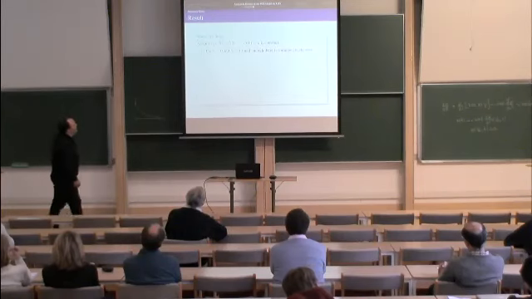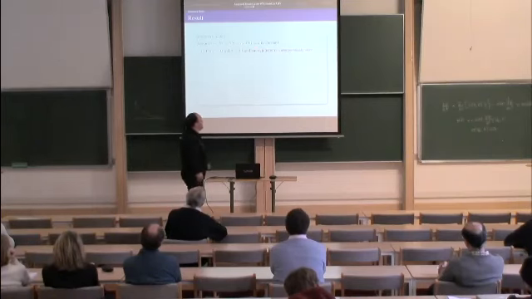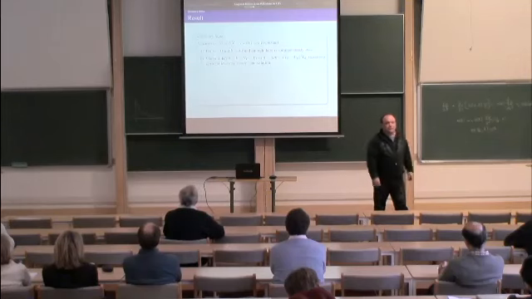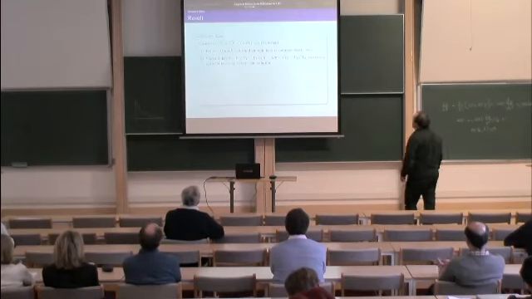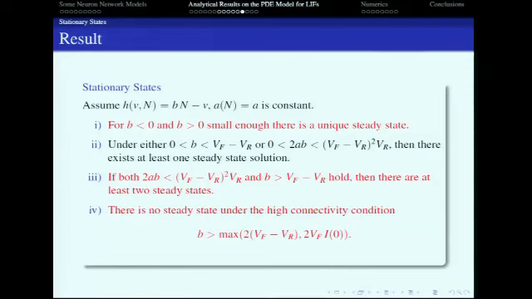And for now the only thing that we can say is that for b small and positive, there is a unique steady state. For b a bit larger, verifying certain conditions, there is at least 1. For b a bit larger, verifying other conditions that I'm going to go into detail on, I can prove that there are at least 2. And finally, under other conditions, that there are none.